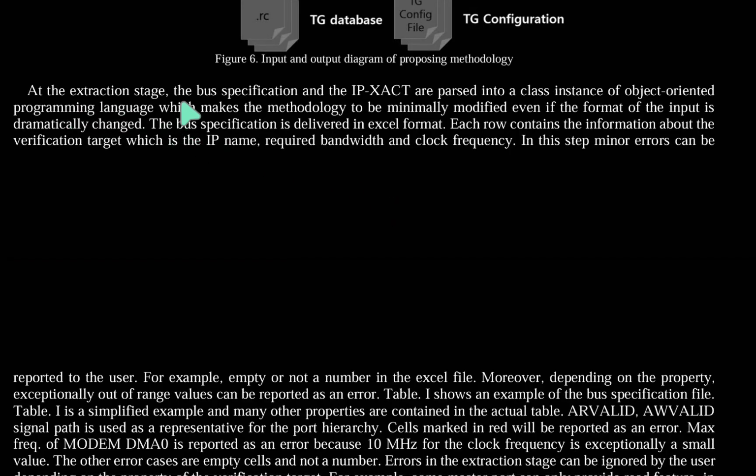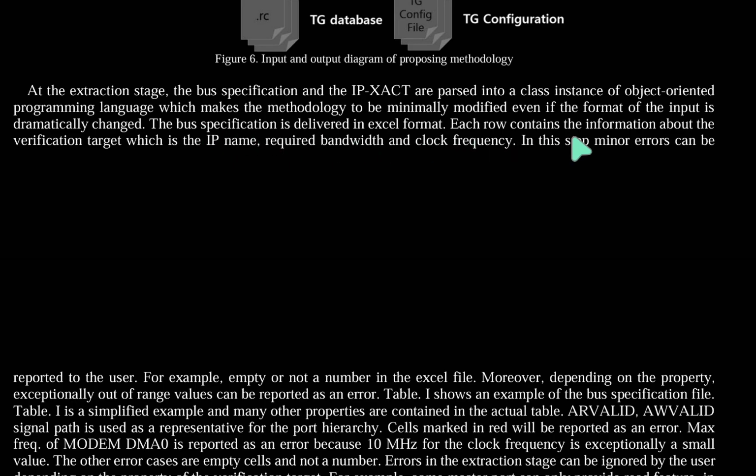At the extraction stage, the bus specification and the IP-XACT are parsed with class instances of an object-oriented programming language, which allows the methodology to be minimally modified even if the format of the input is dramatically changed. The bus specification is delivered in Excel format.